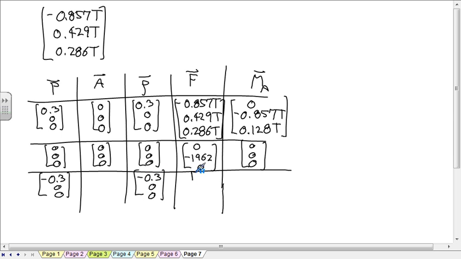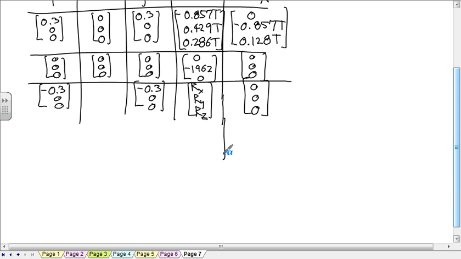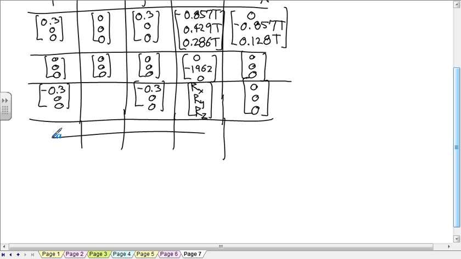The force vector is Rx, Ry, Rz. And there's no moment. And then the last thing is that couple, that reaction couple. We don't care about any of this. And the components are mx, my, 0.